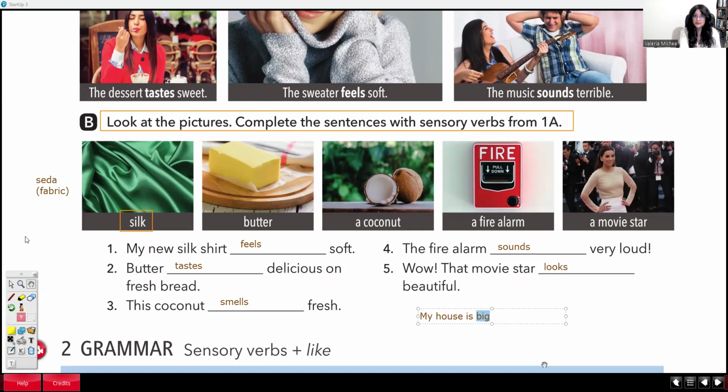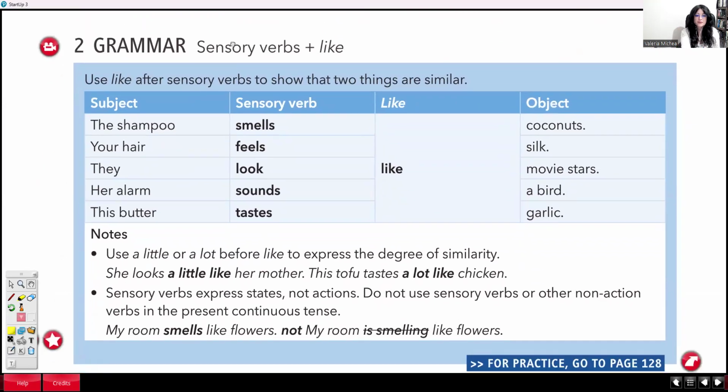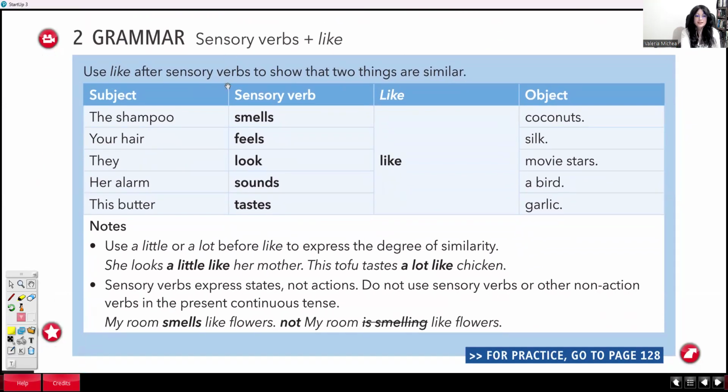Now let's have a look at the grammar part, which is something that we need to keep an eye on because we have some specific rules. It's not complicated, of course, but you need to remember because at the beginning of this chapter, I told you that we are going to compare.